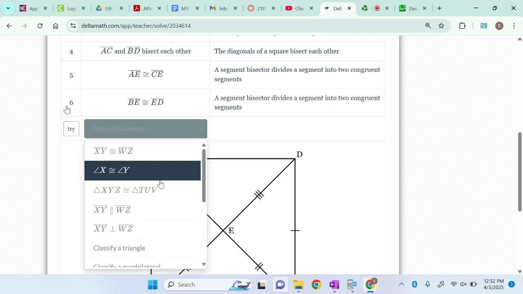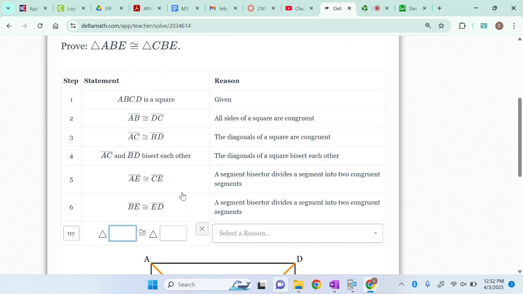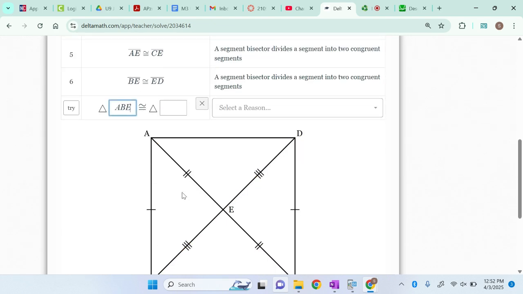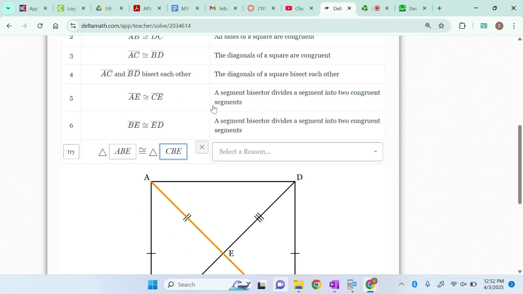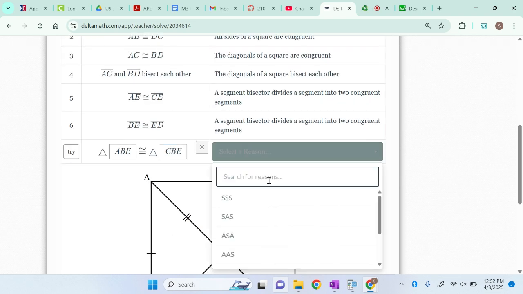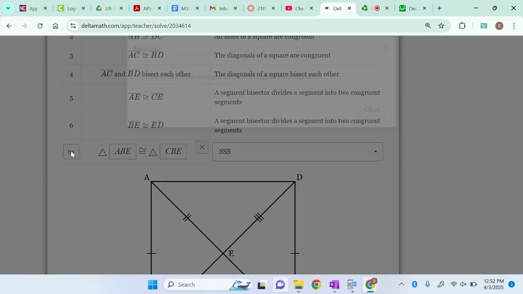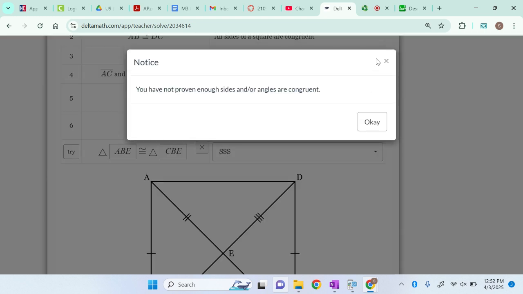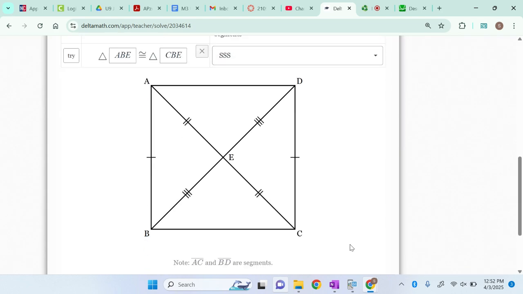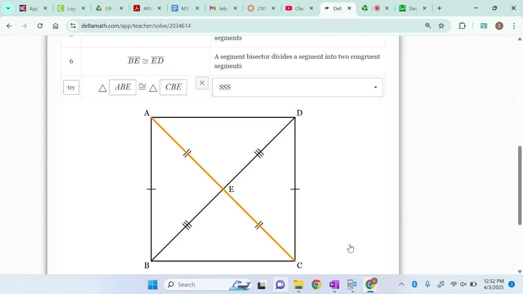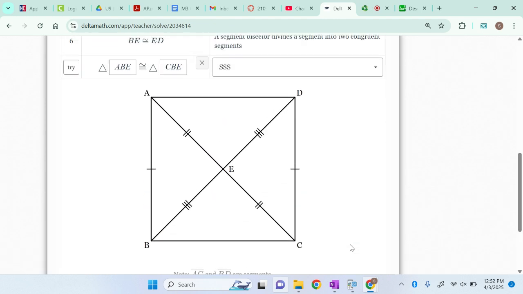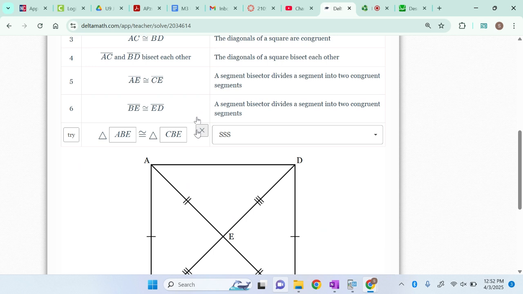Don't say forever, because I just proved that all the sides are congruent. Now it's more you could try. Oh, I proved the wrong triangle. Okay. Oh, it's a triangle.